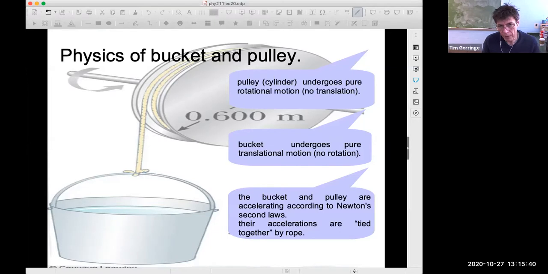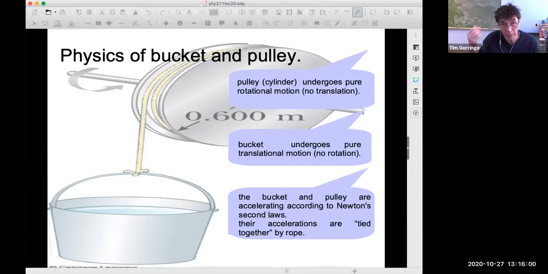So when the bucket falls down the well, the pulley, on the end of the rope that's attached to it, is going to undergo rotational motion. And actually the pulley just undergoes pure rotational motion, just rotates about its center, rotates about its axis.